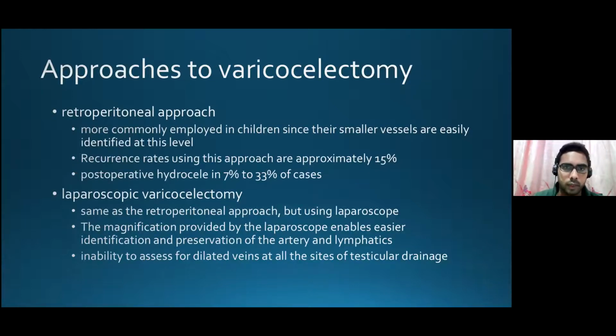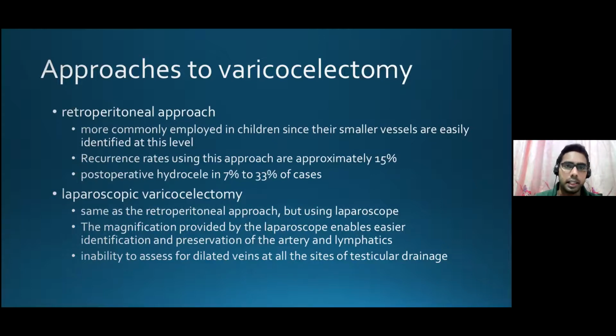Starting from the proximal side, the retroperitoneal approach is more commonly employed in children in Western countries, because in this retroperitoneal approach, an incision is made just proximal to the internal ring, and then the internal spermatic vein, the testicular vein, is identified in the retroperitoneal space, and it is ligated while preserving the testicular artery.